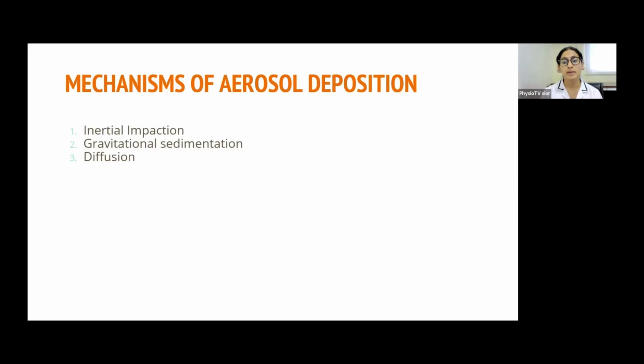And 5 to 10 micrometers of particle size often reaches the proximal generations of the branches of the bronchi, whereas 1 to 5 micrometers reach the lung periphery.